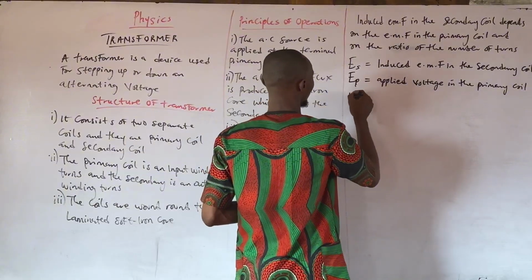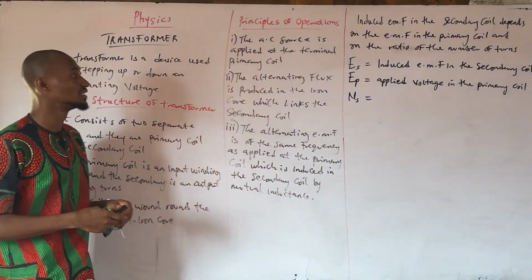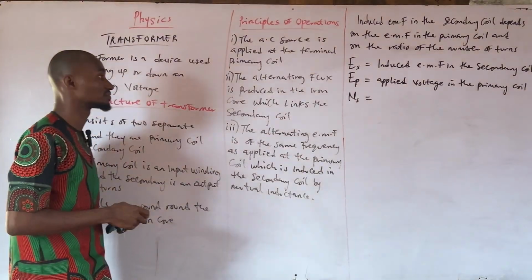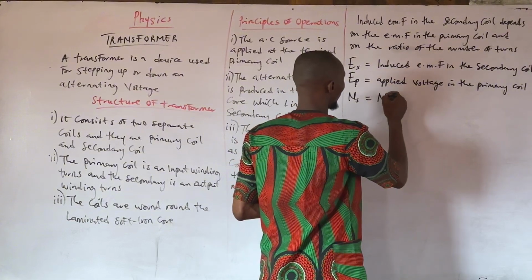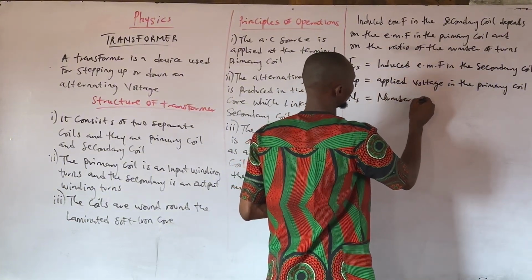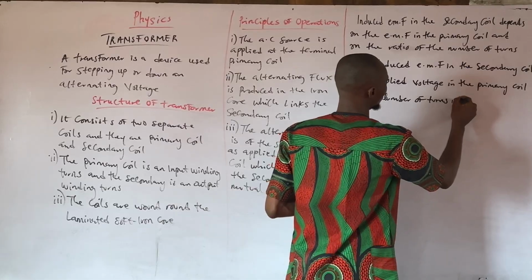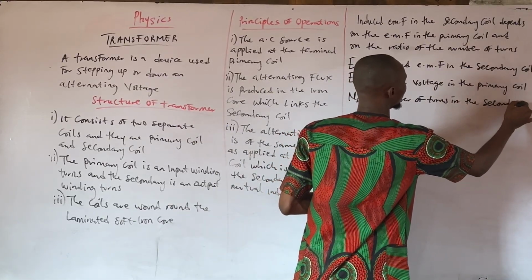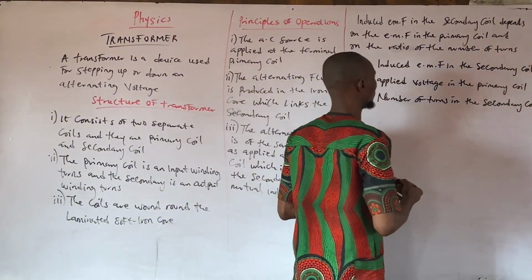We also have Ns, N subscript S, which means the number of turns in the secondary coil.